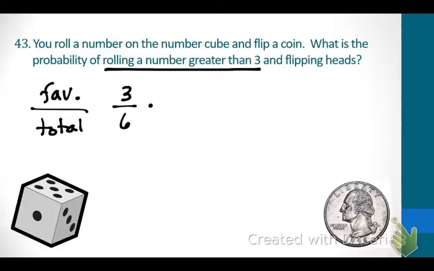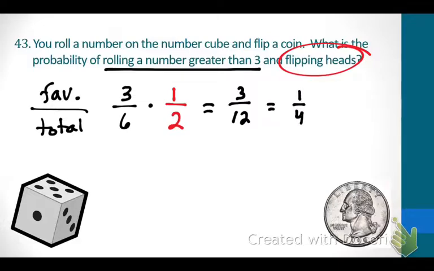Now I need to multiply that against the second thing I'm looking at, flipping heads. How many heads are on there? 1 out of 2. Now you just multiply those together. When you do that, what do you get? 3 over 12. Can that be reduced? Yes. To what? 1/4.